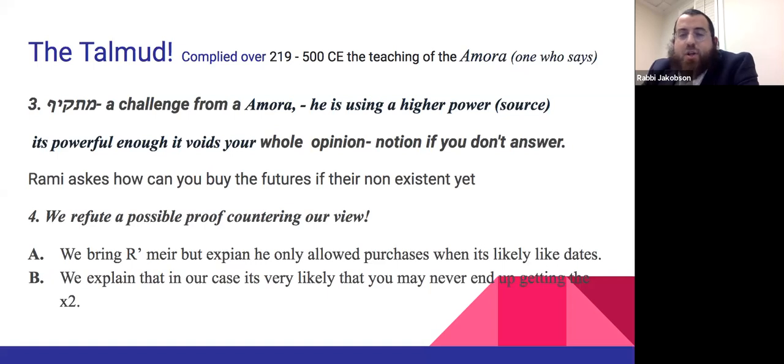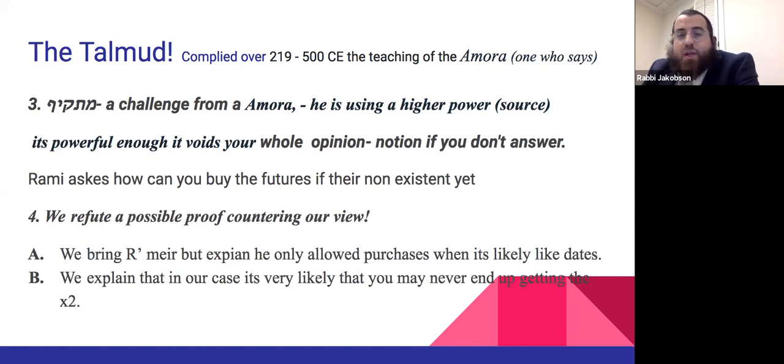It's also a challenge, but that usually means that it came from the era of the Mishnah. So it was one Tana asking the other Tana. Maskif just gives us a reference to what era it was, but it's a challenge from an Amora.